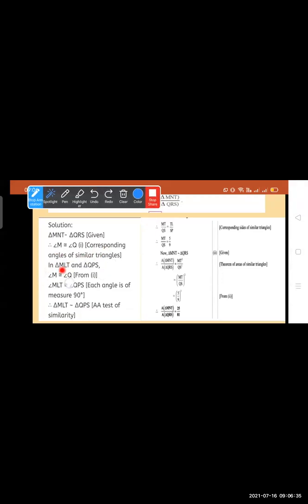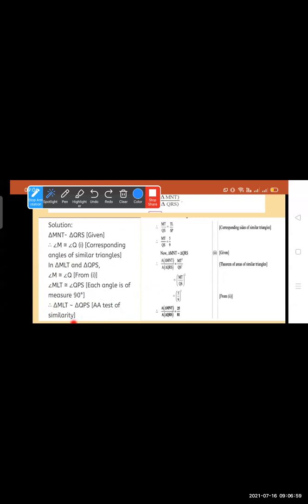Angle M is congruent to angle Q, which is the given condition, and angle MLT is congruent to angle QPS, because the altitude is drawn, and altitude means 90 degrees, so each angle is 90 degrees. Therefore, triangle MLT is similar to QPS by the AA test of similarity.